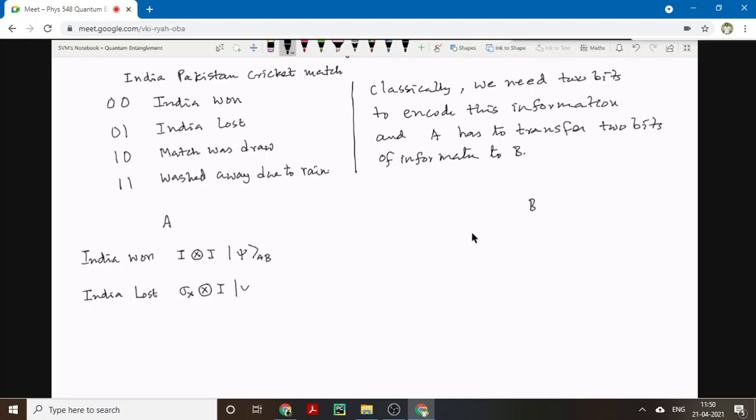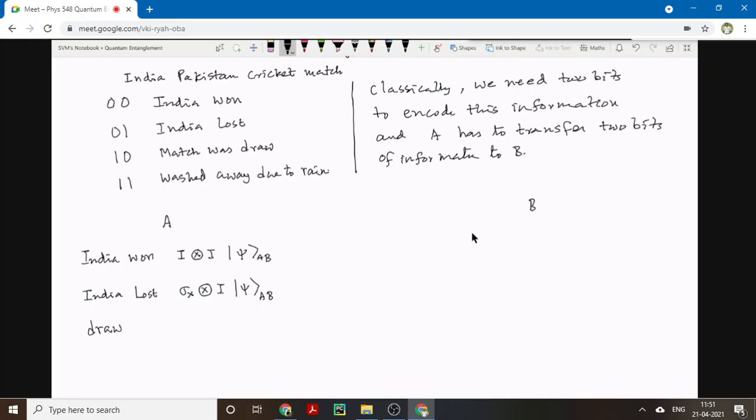Psi AB. Sigma x is the NOT operator, that's why you put sigma. There is no special correspondence between winning and losing here; I could have chosen anything. I'm using the NOT operator because it will flip the state.